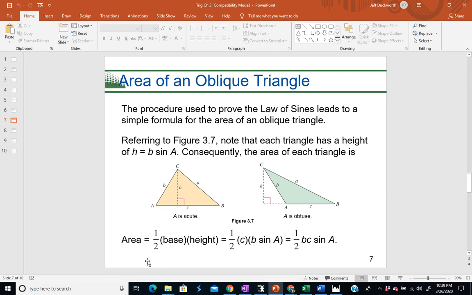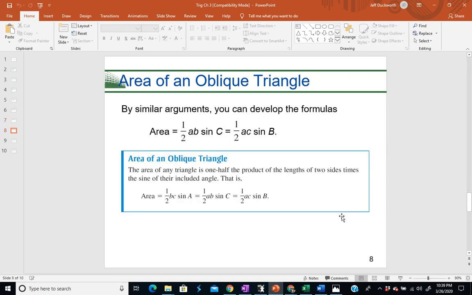So the area of a triangle is 1/2 base times height, which you should have learned at some point in one of your math classes. So in this case, we've got 1/2 times c, which is the base, and the height is going to be b times sine of A, and we get that from the law of sines. So if you manipulate the formula for law of sines, you can solve for that h.